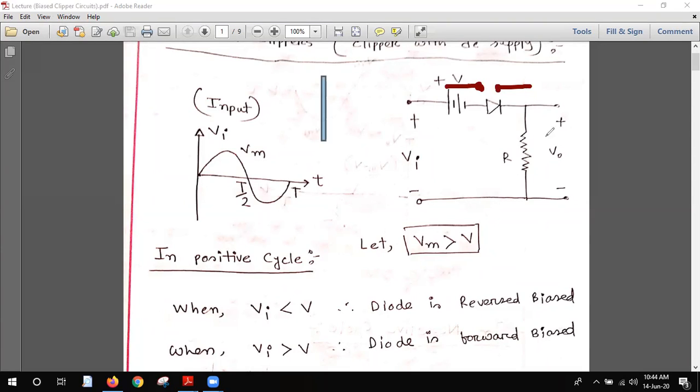When there is no current flowing, there is no voltage drop in the resistance. So the output voltage will be 0 on that portion.